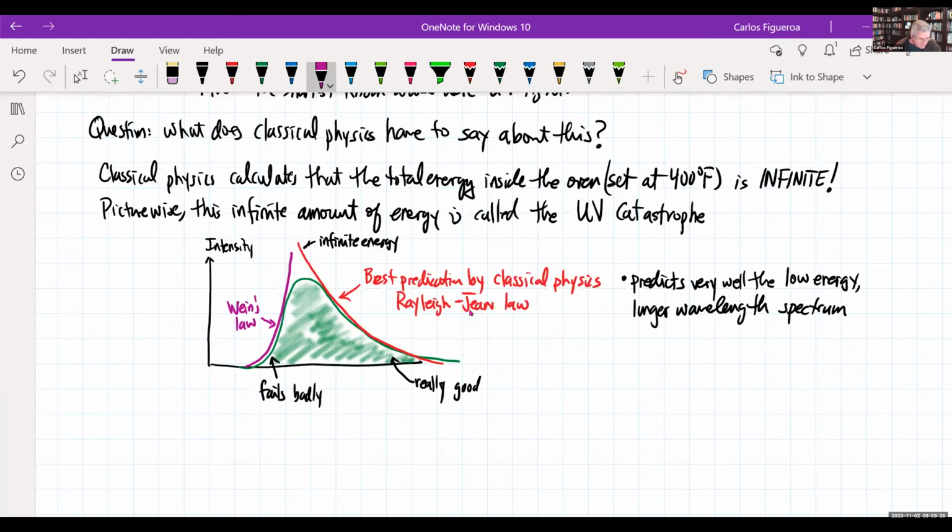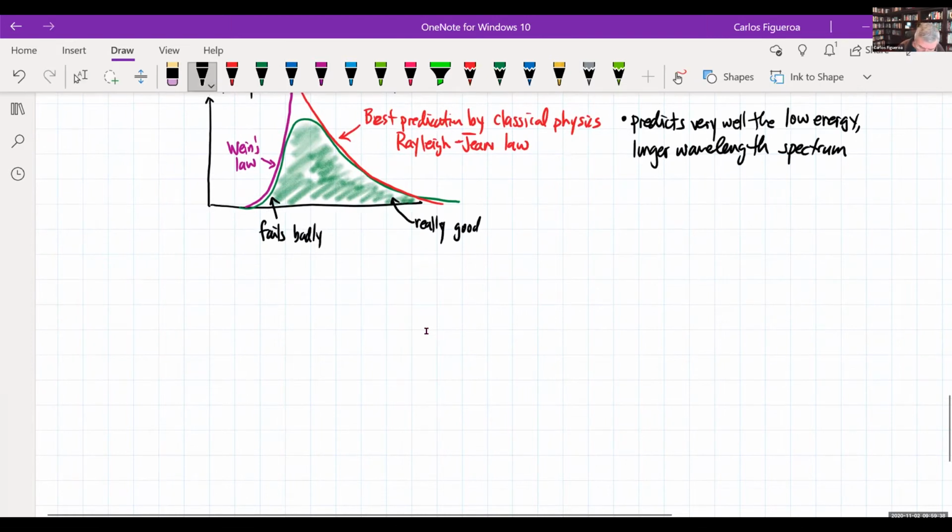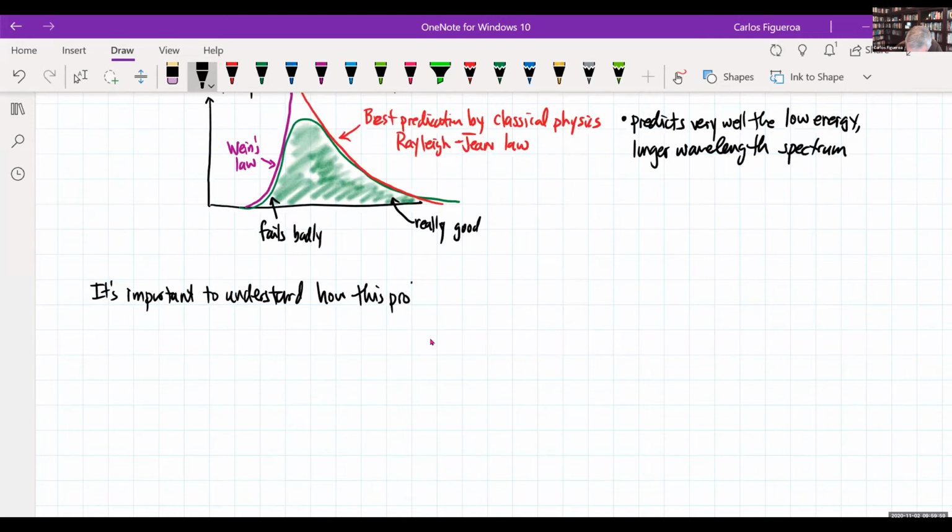So the question is that we want to understand this problem and how it got resolved. How do we solve this infinite radiation problem? It's important to understand how this problem was resolved by none other than Planck.